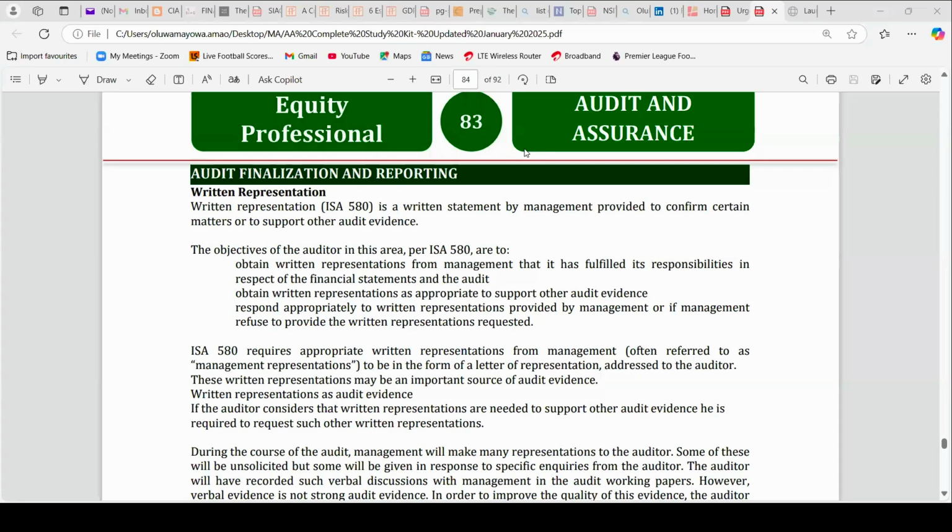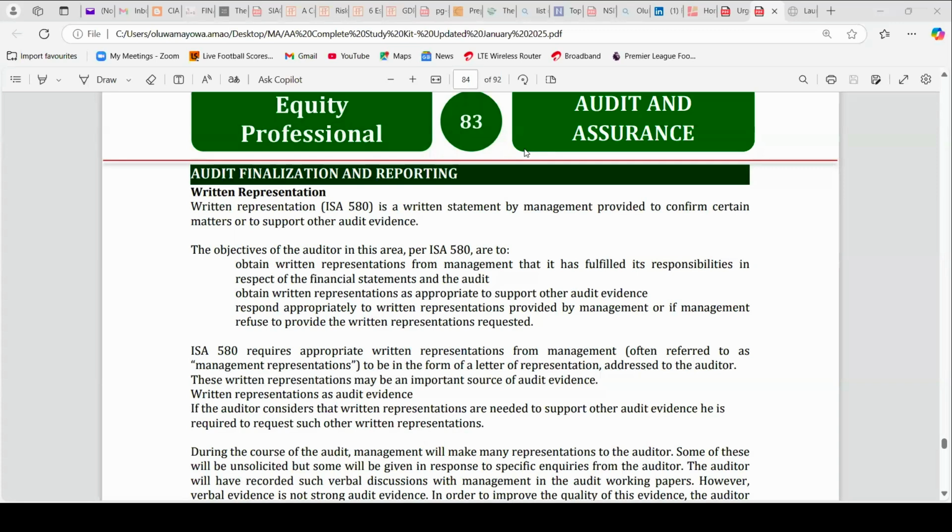Now, when the external auditors have come in, carried out the audit, obtained audit evidence, carried out sampling procedures. Initially, we started with obtaining the engagement, preparing the letter of engagement, carrying out a risk assessment, carrying out an assessment of the internal control system, then doing the audit planning, applying the appropriate audit approach, and getting the audit evidence.